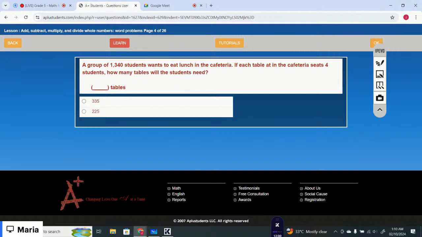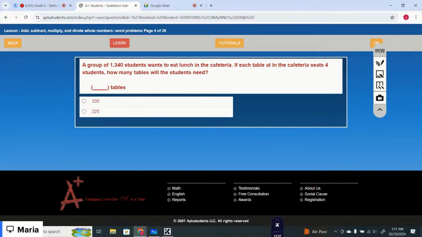Which operation do you have to perform and which is the correct option?